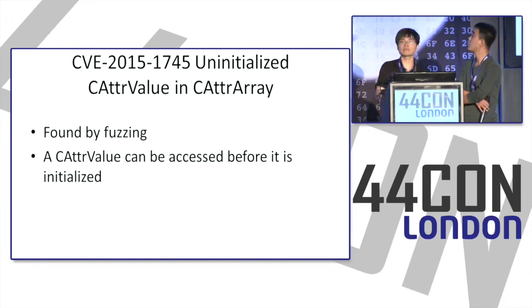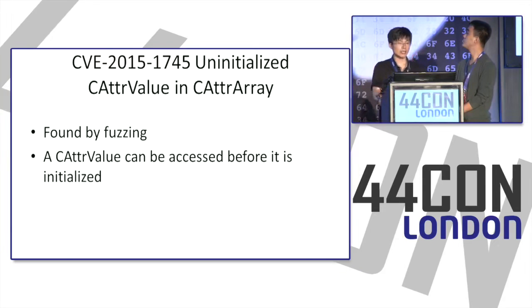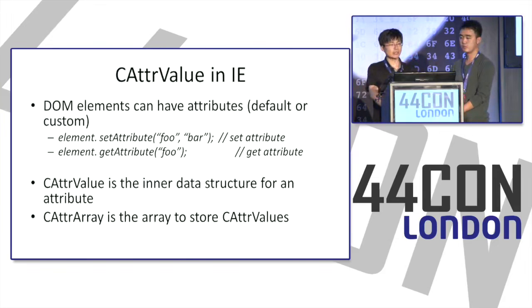Our bug is caused by an uninitialized CAttribute value in the CAttribute array. We found this bug by fuzzing. As you know, DOM elements can contain attributes, and you can set attributes on DOM elements by calling the JavaScript function named setAttribute.